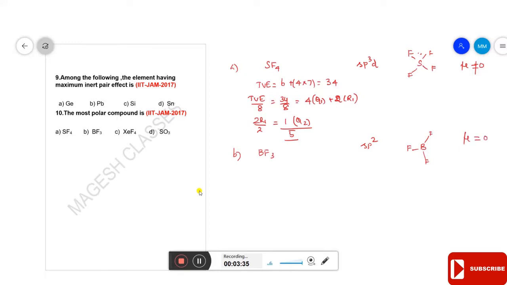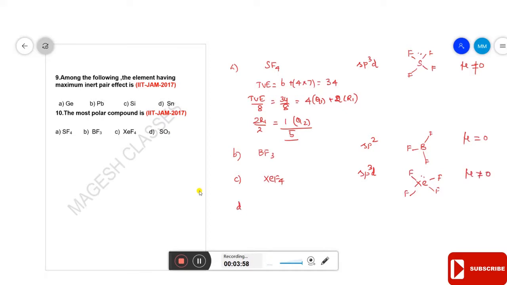Then C, xenon tetrafluoride. The hybridization is sp3d. The structure has xenon and lone pair electrons, so due to the presence of lone pairs, mu is not equal to 0.